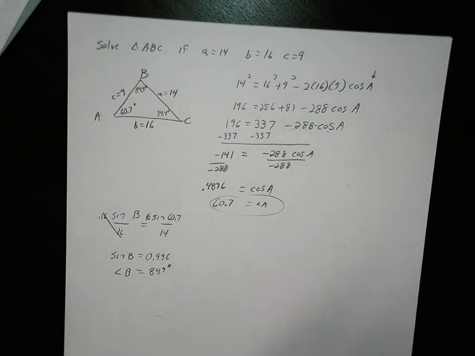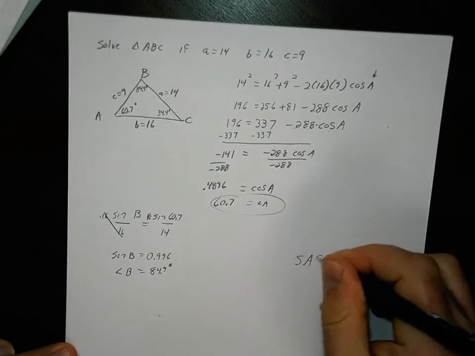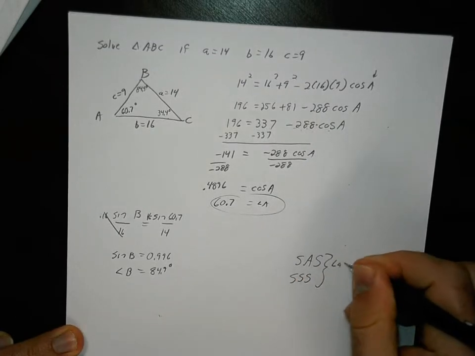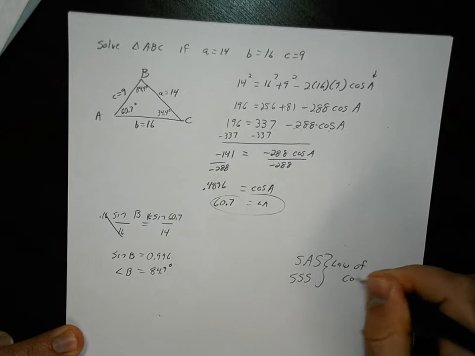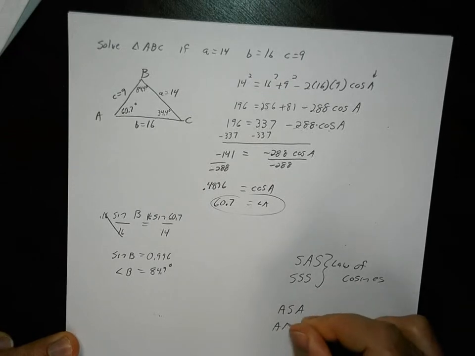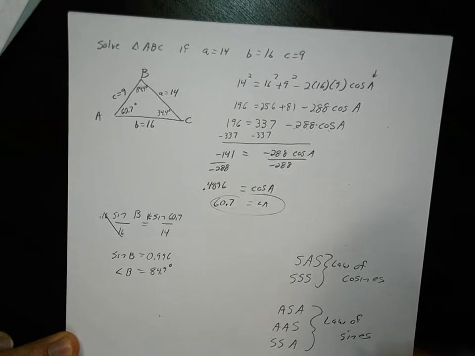Okay. So when do we use the law of cosines? We use the law of cosines for side angle side and side side side. If I have angle side angle, angle angle side, or side side angle, I use law of sines.